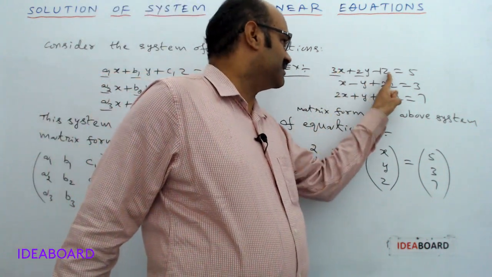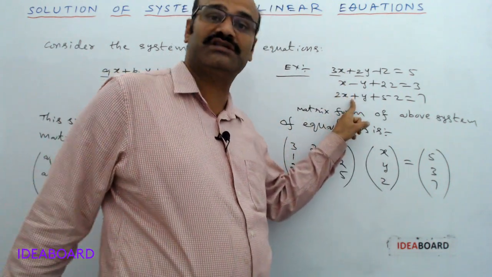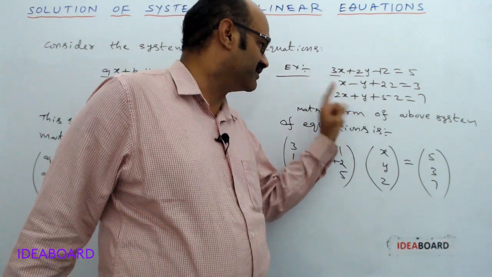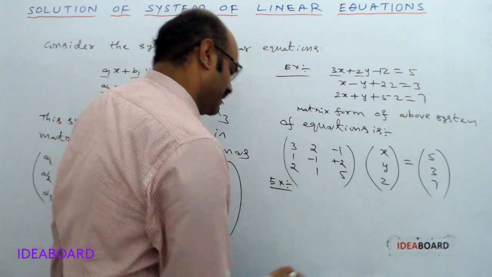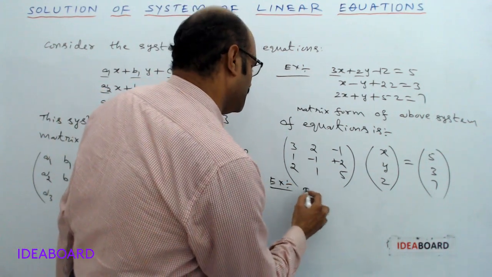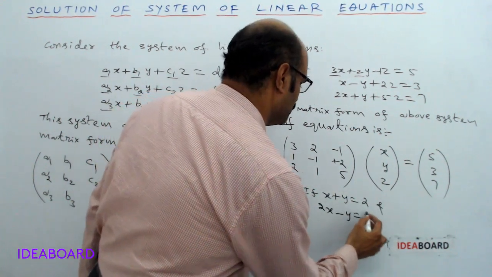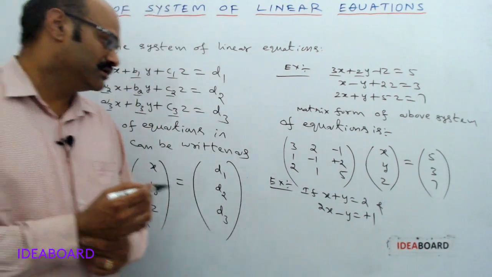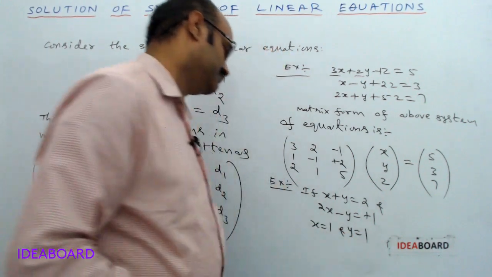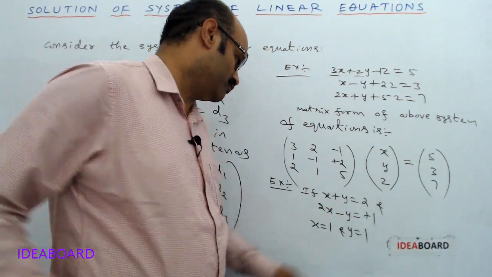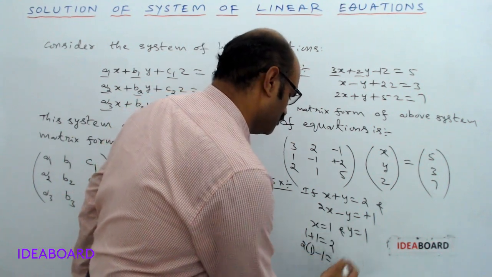The values of x, y, z satisfying the given system of linear equations are the solution of the given system of equations. For example, if x plus y equal to 2 and 2x minus y equal to 1, take x equal to 1 and y equal to 1. 1 plus 1 equal to 2. 2 into 1 minus 1 equal to 1.